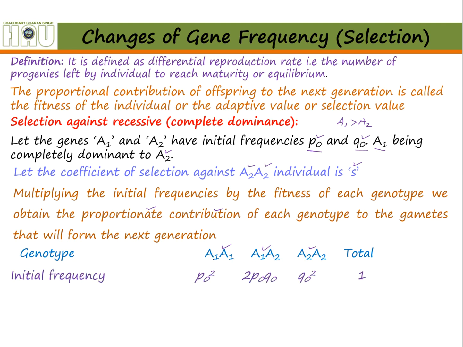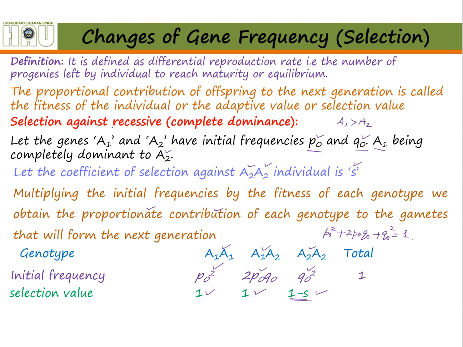And their initial frequencies, since P0 is the frequency of A1, are P0 square, 2P0Q0, and for A2 it is Q0 square. If we sum all these frequencies, P0 square plus 2P0Q0 plus Q0 square, it is equal to 1.